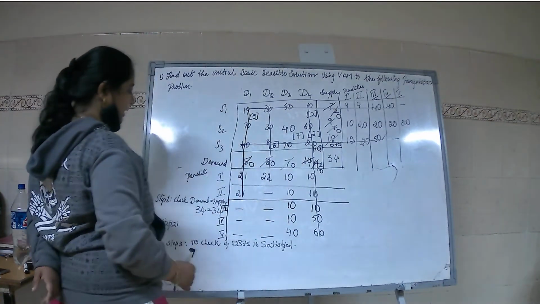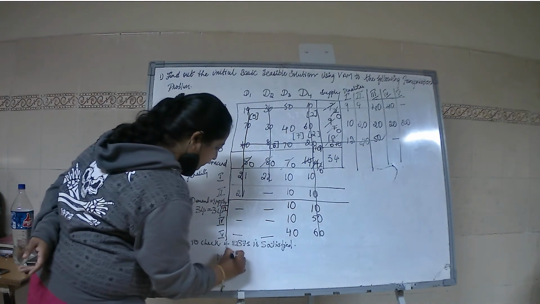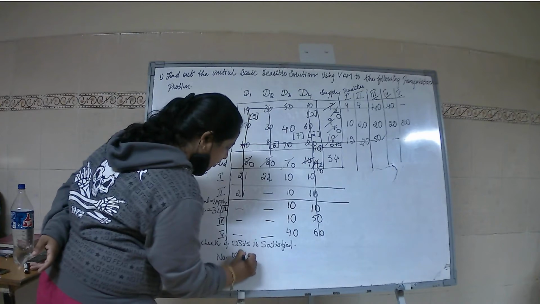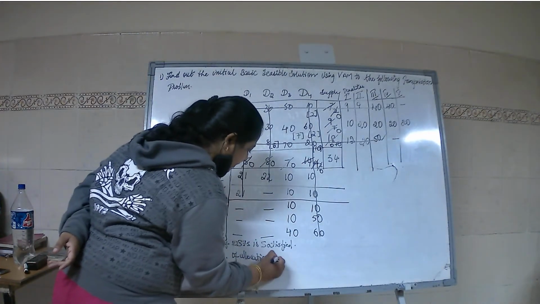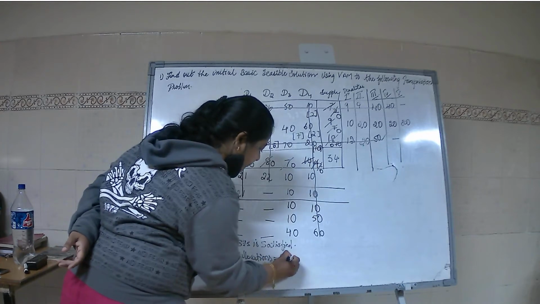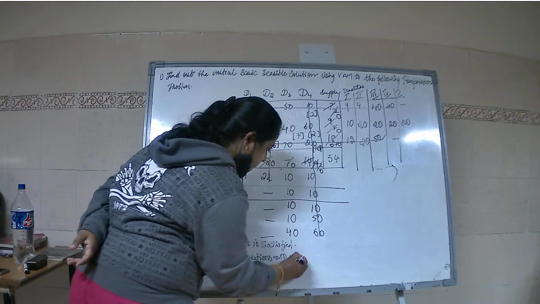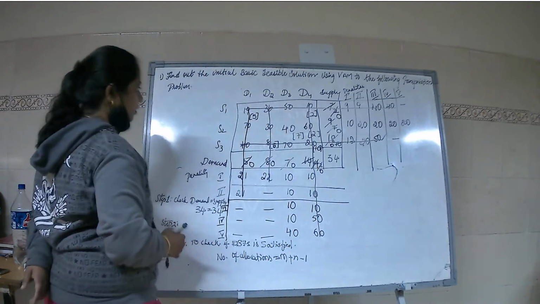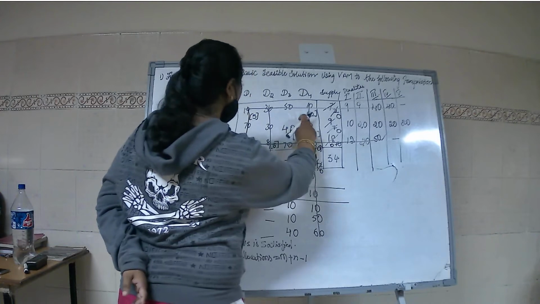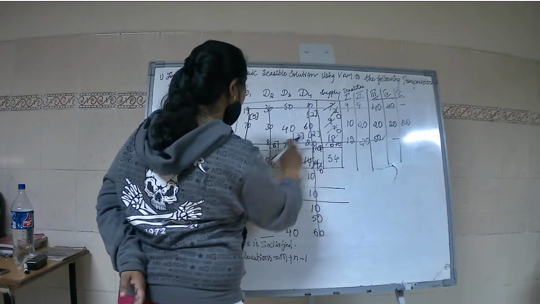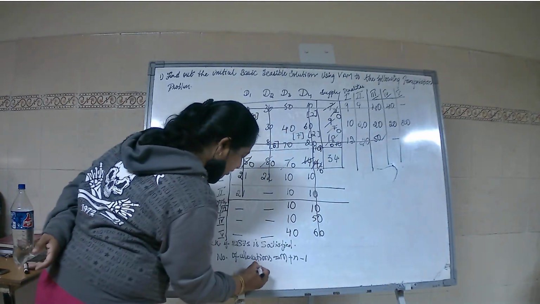Okay, how do we check? There's a formula for it, as I told you. Number of allocations should be equal to M plus N minus 1. So number of allocations, let's count: 1, 2, 3, 4, 5, 6. So there are 6 allocations.